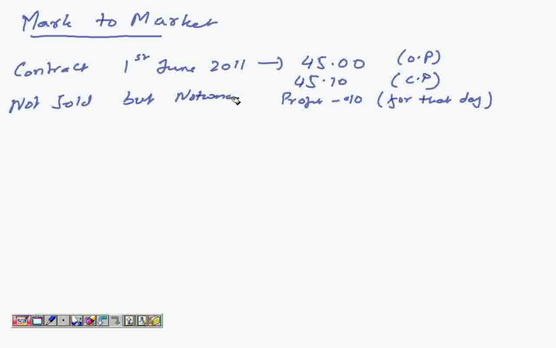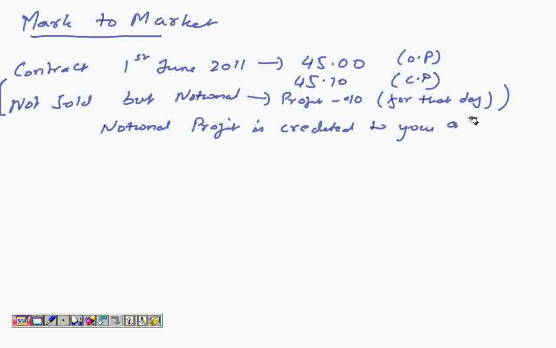This notional profit has to be credited to your account at the end of the day. This practice is known as marking to market, and in short form you also call it MTM.